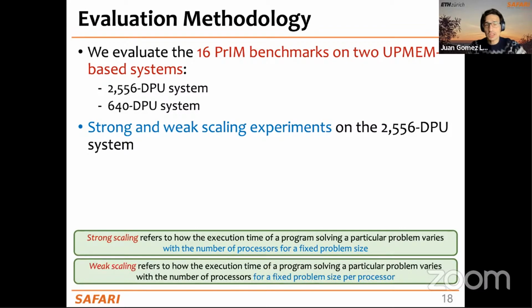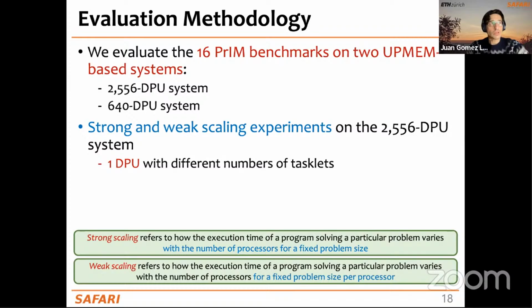And in the weak scaling experiments, what we do is increase the size of the problem as we increase the number of processors. So in this case, we assign a certain amount of computation to each DPU, and as we start using more DPUs in the system, we will have a bigger problem to solve. So this is essentially the difference between strong and weak scaling experiments.